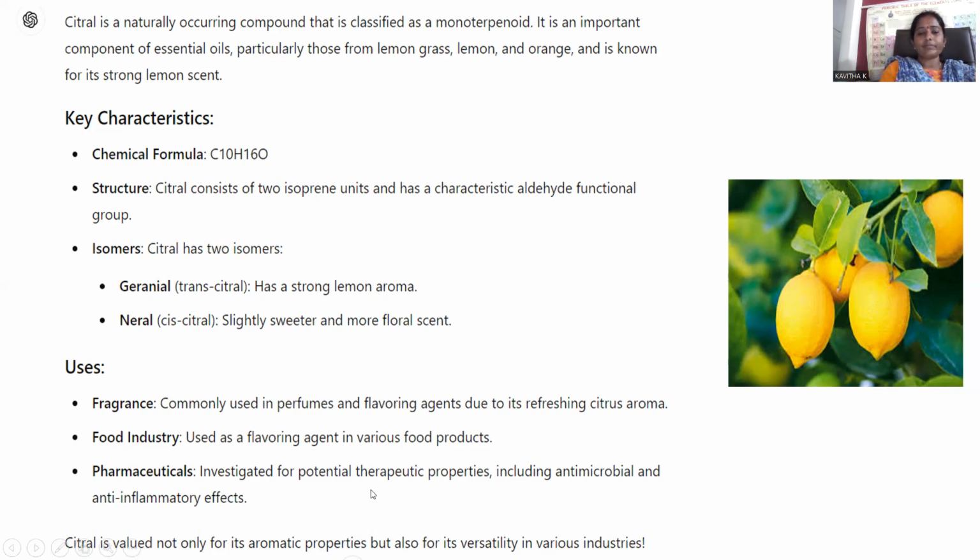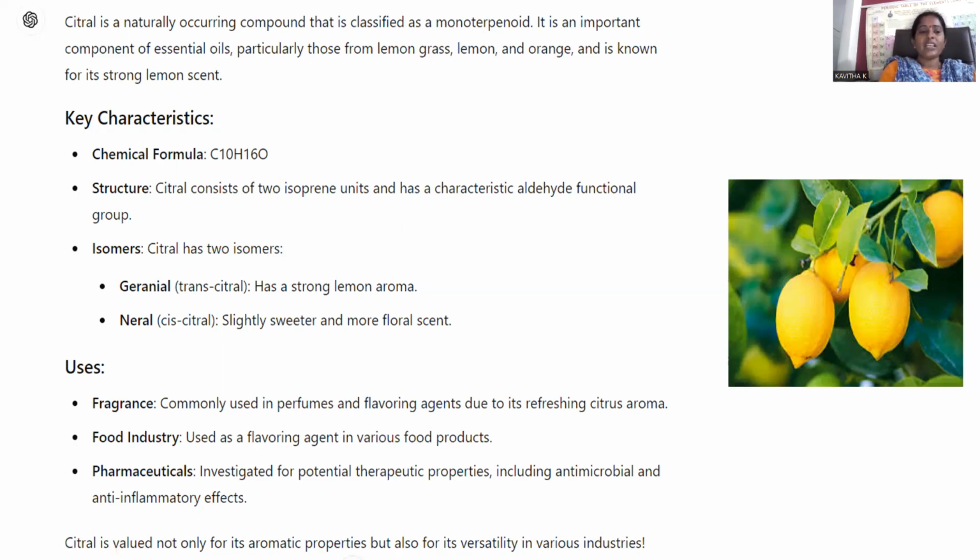Pharmaceuticals. Potential therapeutic products include antimicrobial and anti-inflammatory uses. So whenever we consume lemon juice every day, it helps avoid infectious pathogens. It is an antimicrobial agent. Inflammation, that means any kind of swellings and pain-induced swellings that are present are also mitigated or minimized.